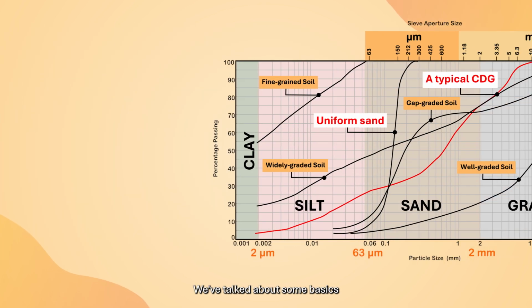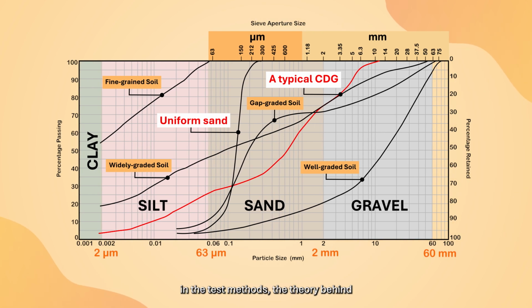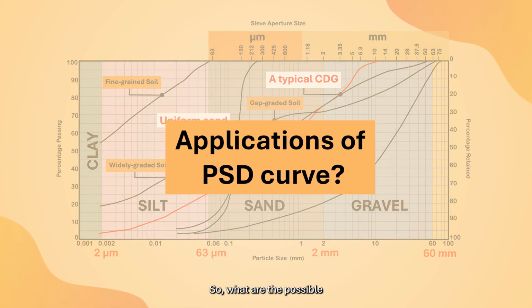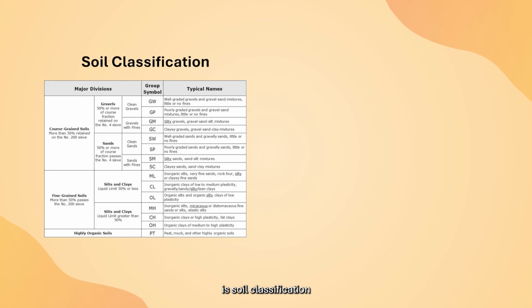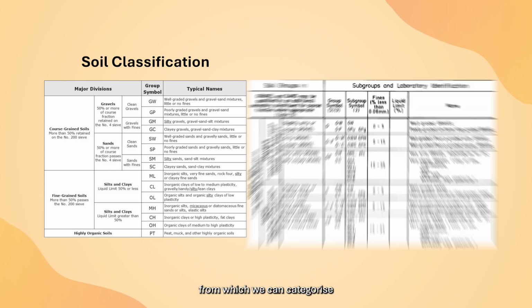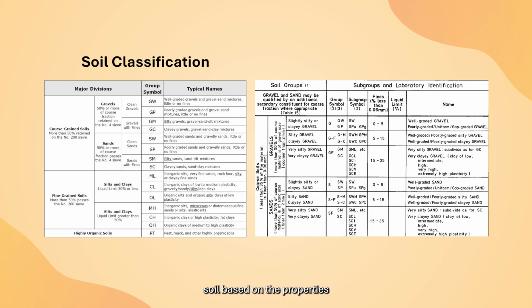We've talked about some basics in the test methods, the theory behind, and also the interpretation. So, what are the possible applications of a PSD curve in practice? One major application is soil classification, from which we can categorize soil based on their properties and characteristics.